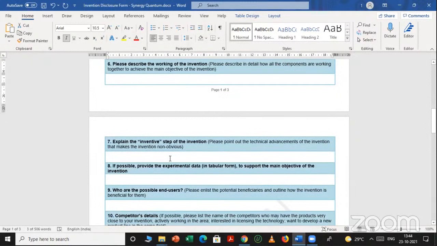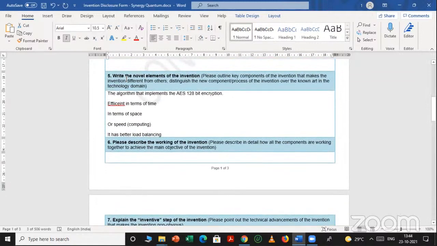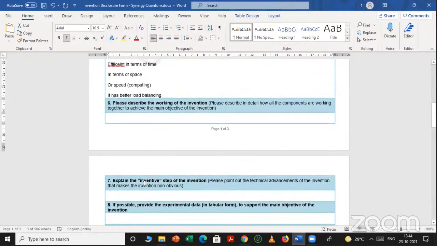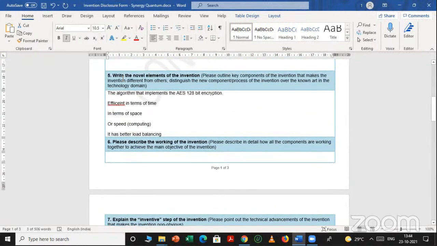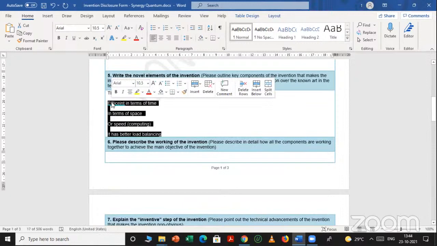Now you have to tell the inventive step of the invention. The seventh point is basically a legal point. And sometimes most researchers or inventors get confused with this inventive step. They argue that they have already told us the novel element, then why are we asking for the inventive step? Because they argue that the inventive step lies in their novelty, and that is the invention.